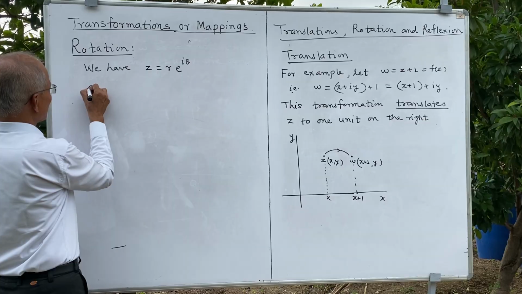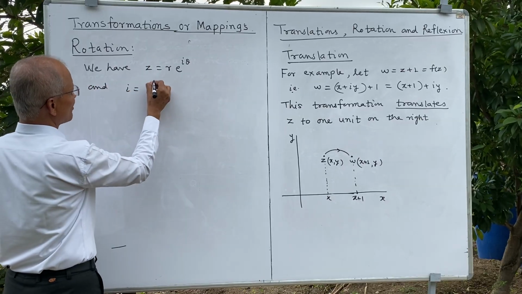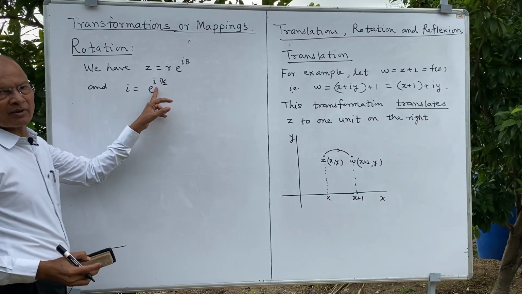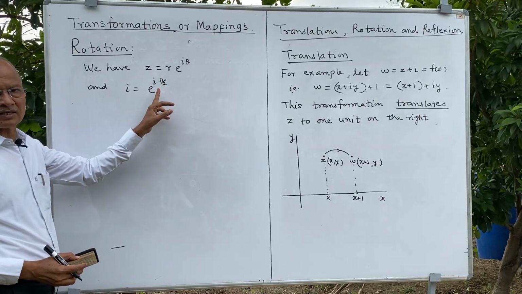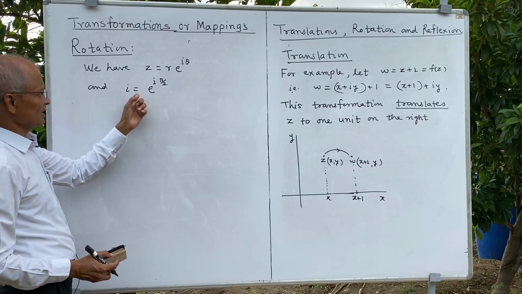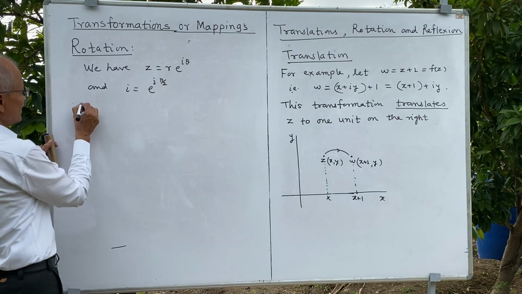And for i we can write e to the power i pi by 2 by Euler's formula. e to the power i pi by 2 is cos pi by 2 plus i sin pi by 2, which is i, and we have seen this earlier. So, with the help of these two, consider the mapping.